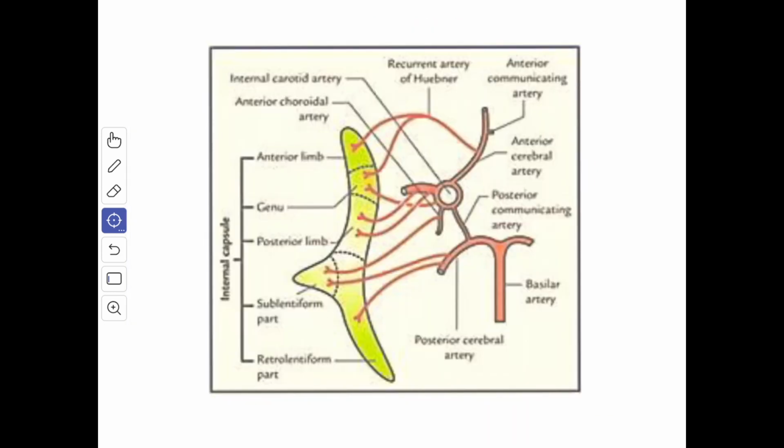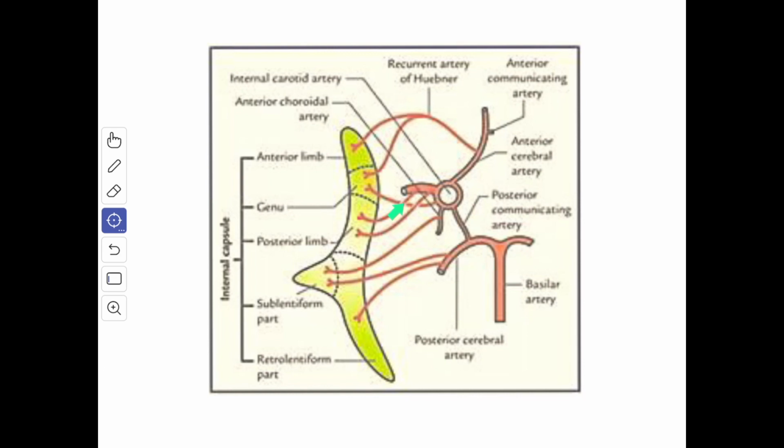Next we'll see the arterial supply of the internal capsule. The arterial supply of the internal capsule is of great clinical significance due to the high incidence of vascular lesions of the internal capsule. The various arteries which supply the internal capsule are the medial and the lateral striate branches of the middle cerebral artery.